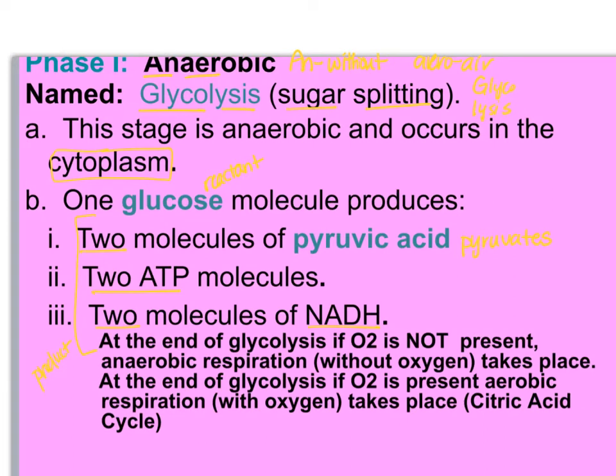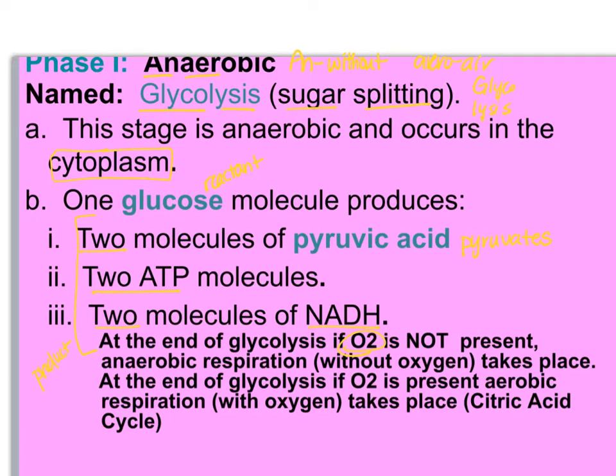Now, at the end of glycolysis, what you go into next depends on if oxygen is present or not. Most of your cells can't function without oxygen, but certain cells can, in particular your muscle cells.